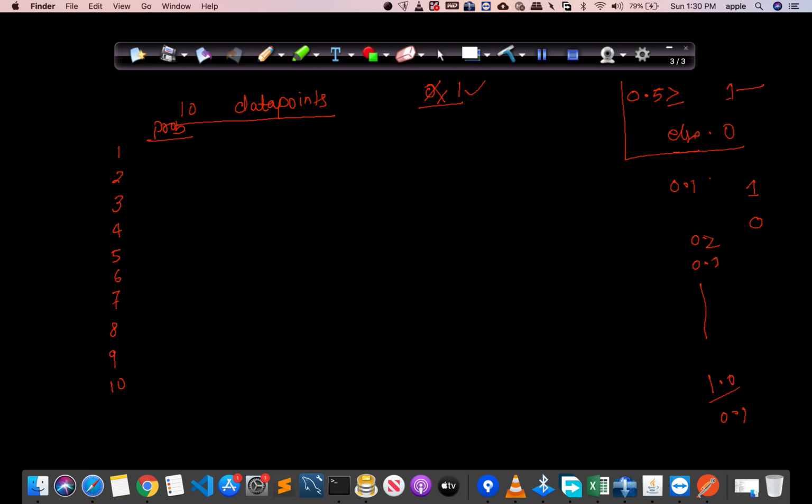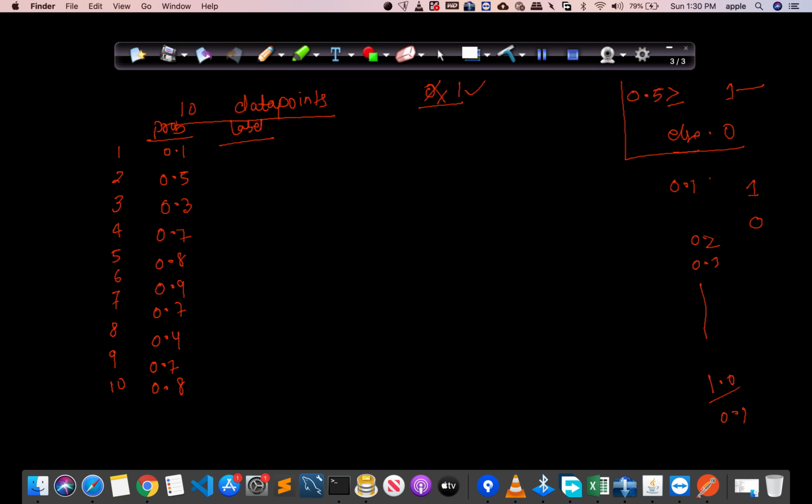So suppose the probability given by the model for data point 1 is 0.1, for 2 0.5, for 3 0.3, for 4 0.7, for 5 0.8, for 6 0.9, for 7 0.7, for 8 0.4, for 9 0.7, for 10 0.8. Now this is the label.